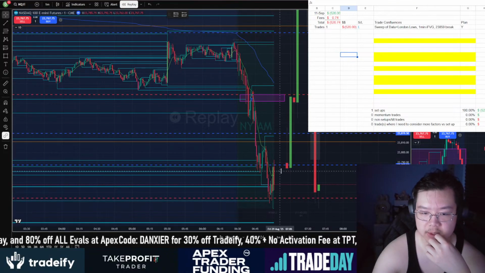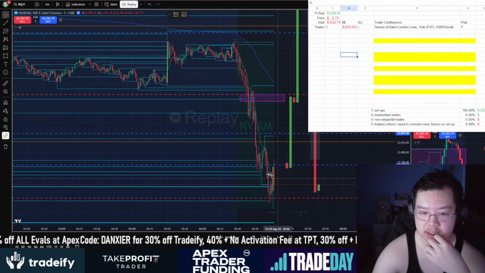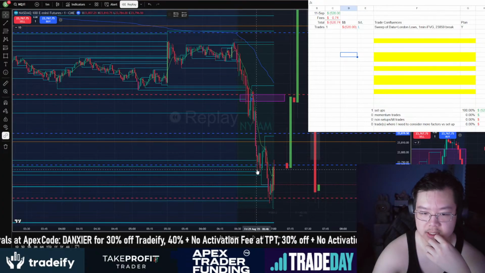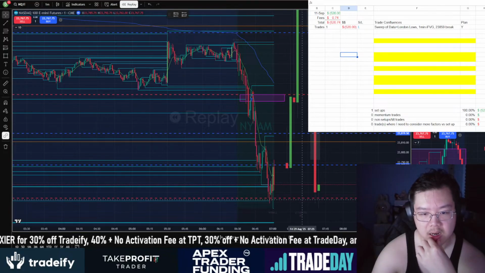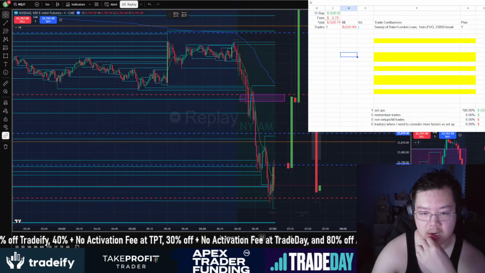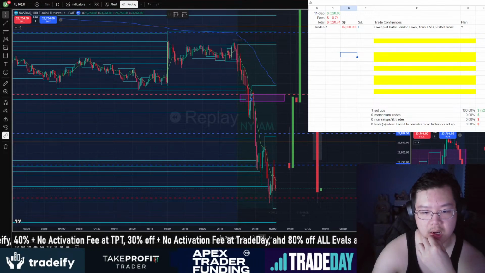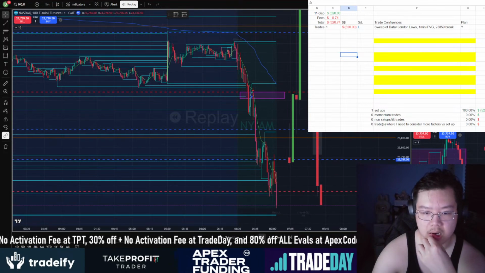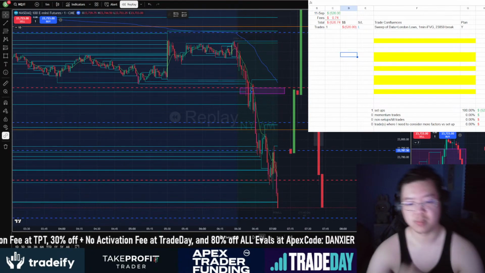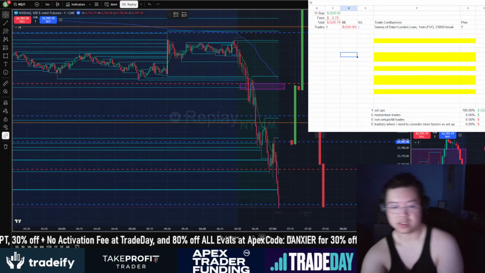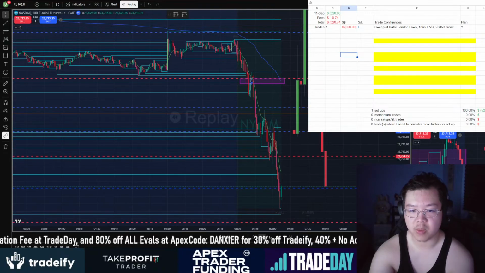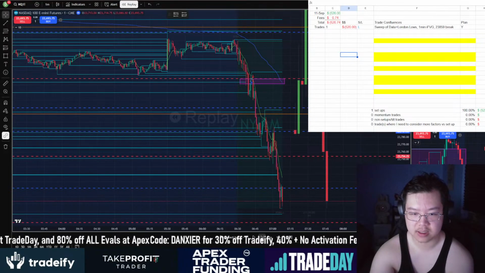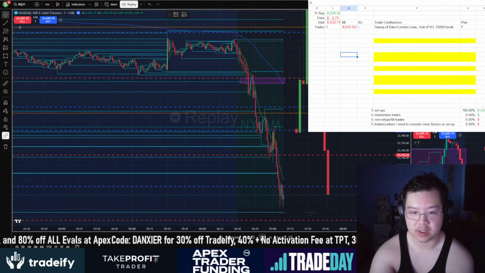I think there's a gap right here. Holy crap, the break and retest on this day went crazy. I just don't know how I don't remember this day. That's the crazy part.